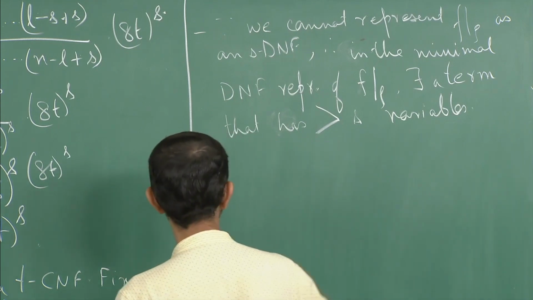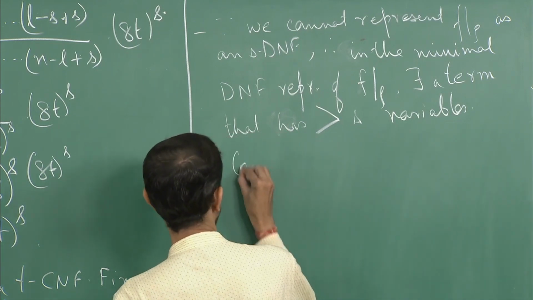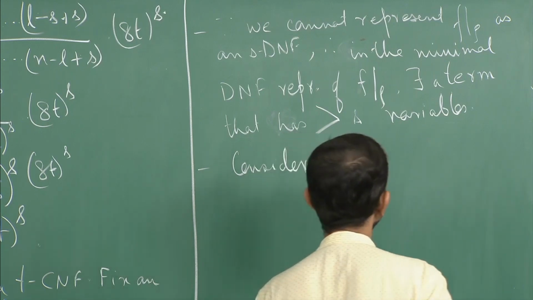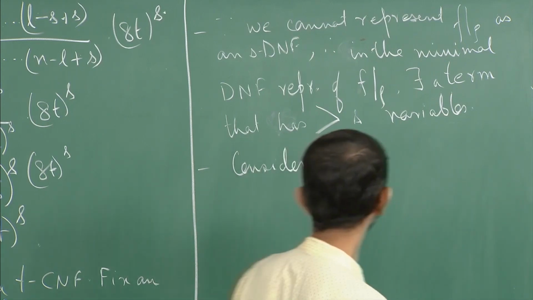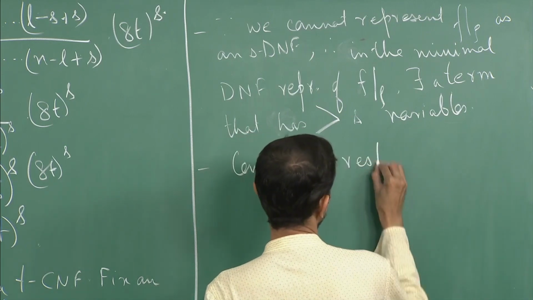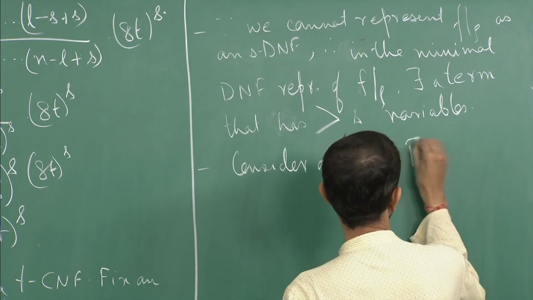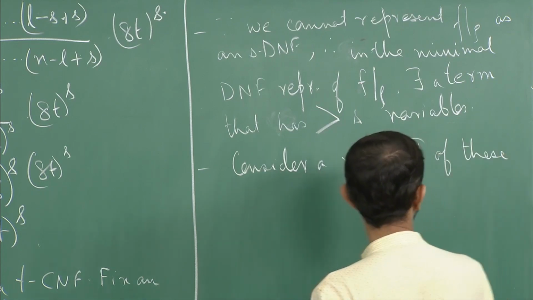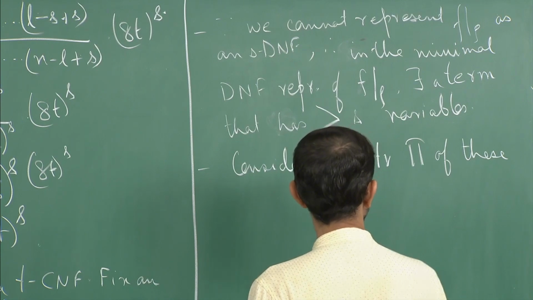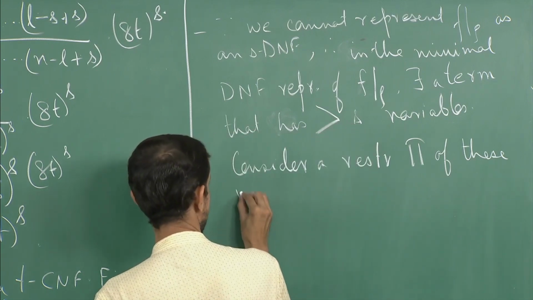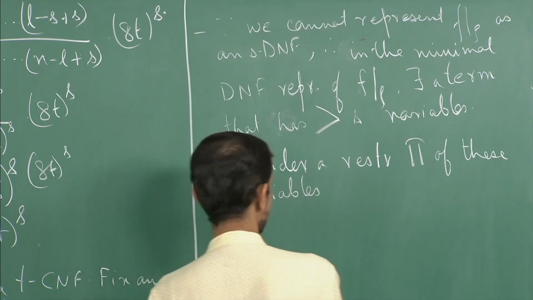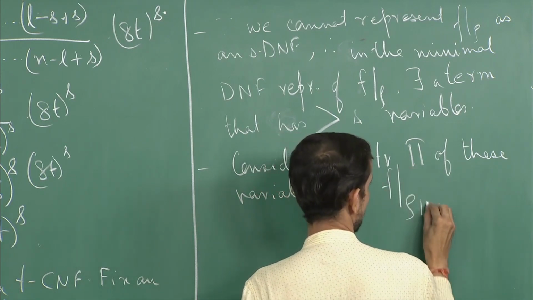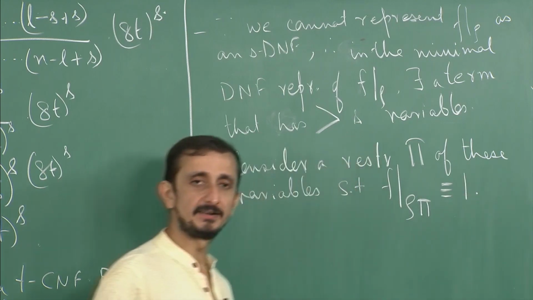Okay. So, now we consider another restriction. So, consider a restriction pi of these variables such that f restricted to rho pi is identically equal to 1.